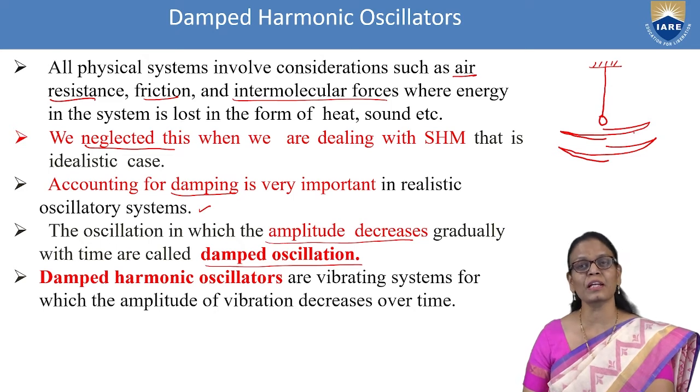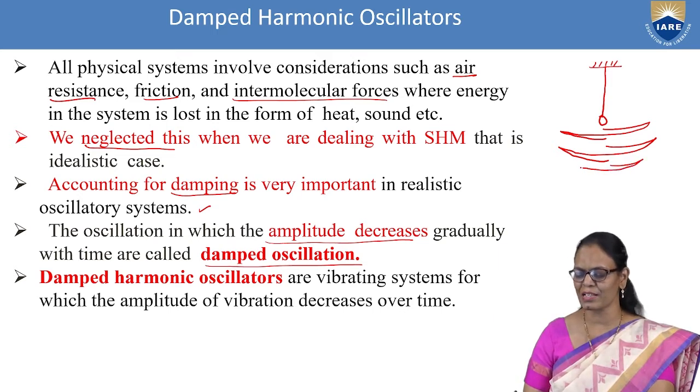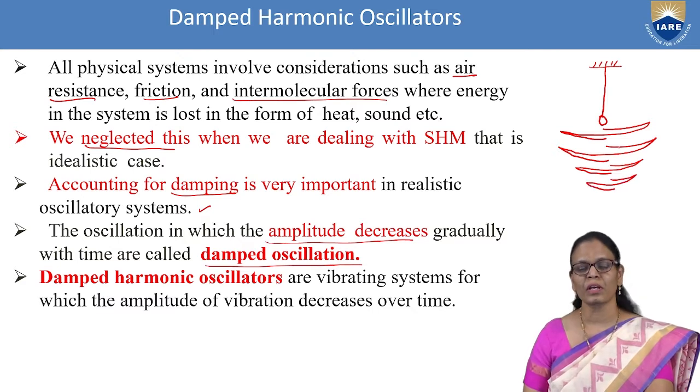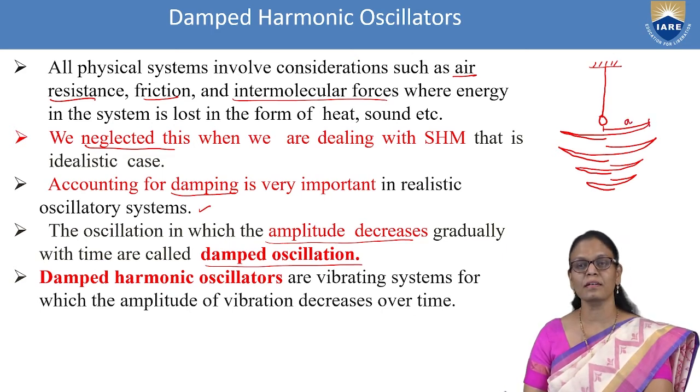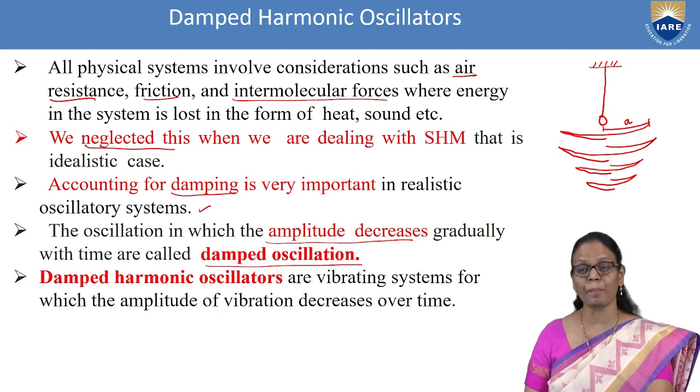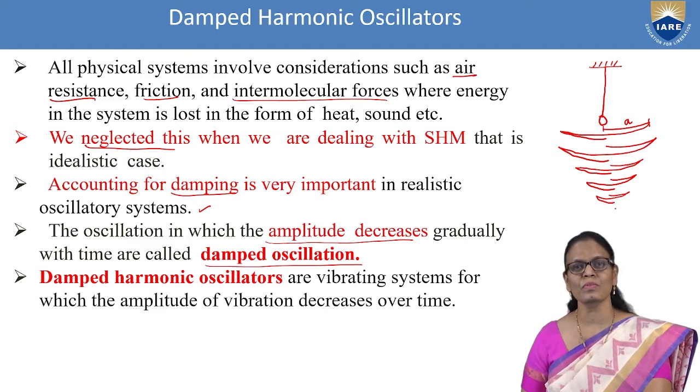But even if there is some air resistance on the motion of this oscillator, the amplitude decreases gradually. Amplitude is the maximum displacement from the mean position, as we have seen in the definitions in the previous lecture, the maximum displacement it can have in either direction. Because of damping, the amplitude gradually decreases and eventually the system comes to rest.